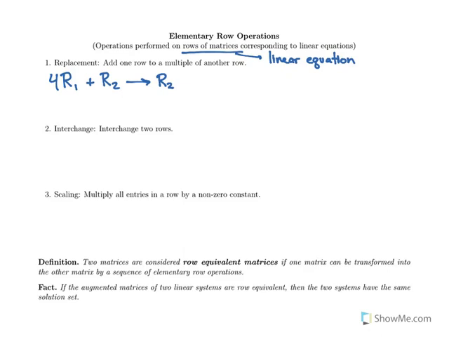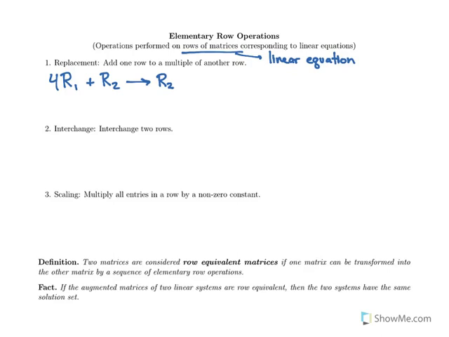Add one row to a multiple of another row. What this means when we're talking about linear equations, we're going to add 2 equations together, and that's going to give us a third equation out that's going to be easier to use.